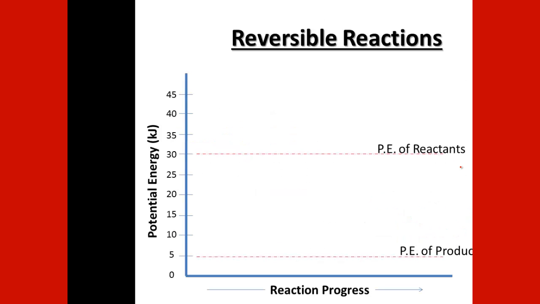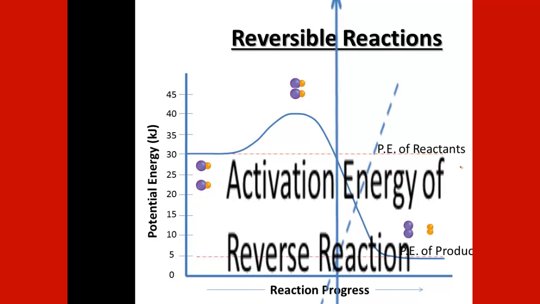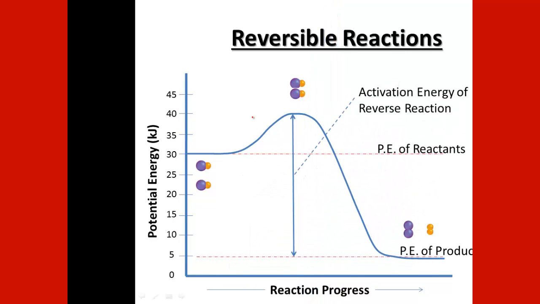Now, for a reversible reaction, in our potential energy diagrams, we're going the opposite way. Once you've started out with your reactants to form products, we could go from our products and back to our reactants. The activation energy is still at the same point.